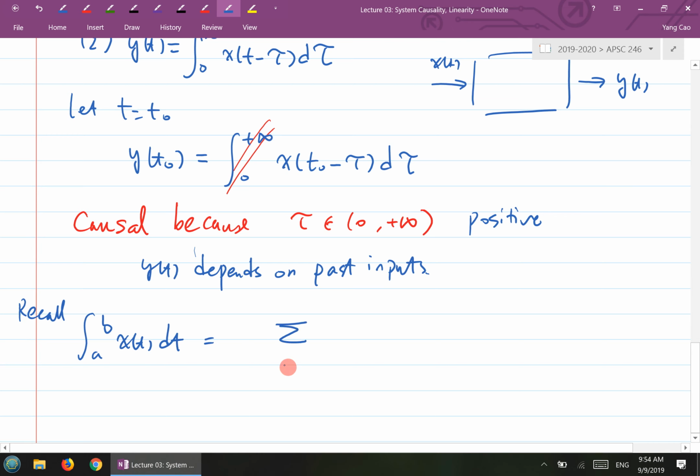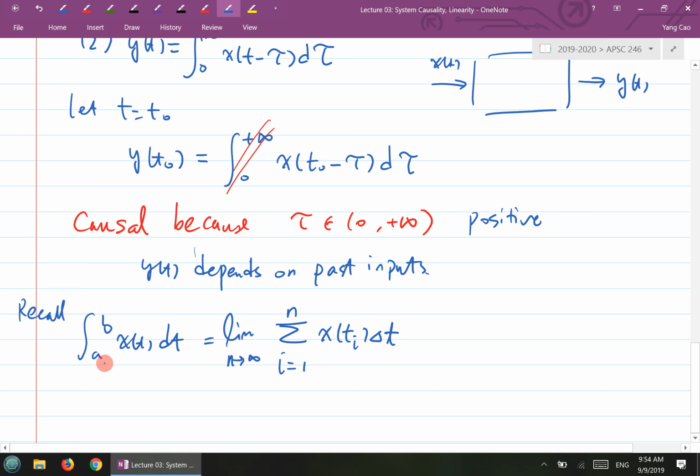You're summing from i equals 1 to n, with delta t as a small interval, and then you let n go to infinity, and you get the integration.